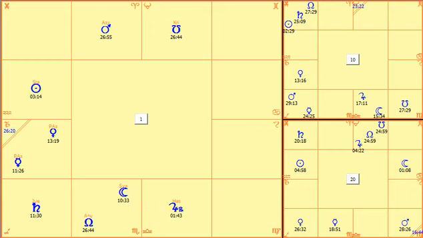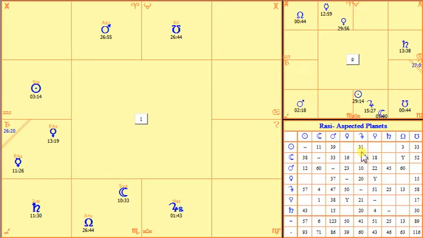And of course, you could ask, well, when I look at the aspecting planets, I see that the Sun is aspecting Jupiter, which is a friend to Jupiter. We see that the Moon is not aspecting Jupiter. We see that Mars is aspecting Jupiter, which is also a friend of Jupiter, to 10 points. Well, why aren't these guys helping?